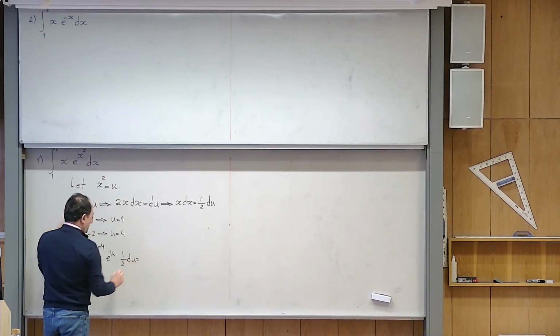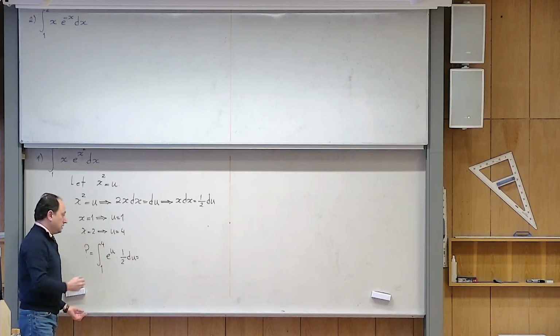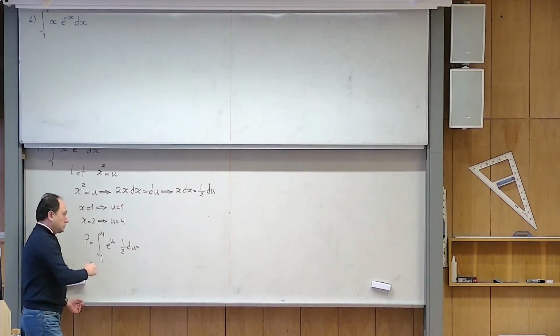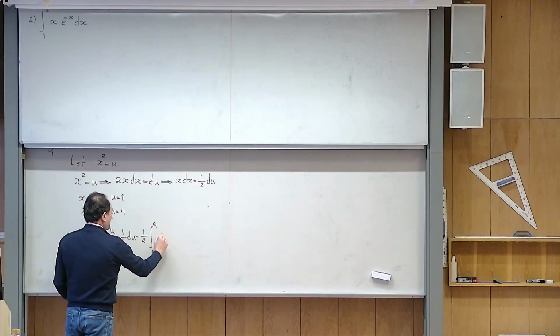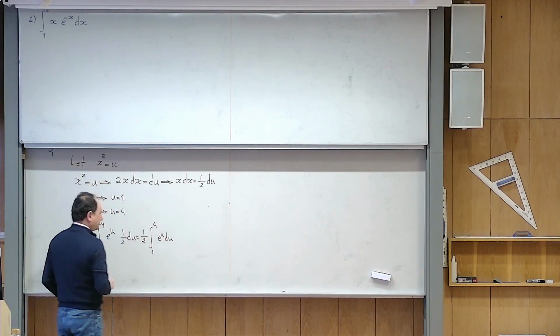Okay, but of course you know that this is a multiplicative constant for my integrand, so I can pull it out. So this becomes 1/2 the integral from 1 to 4 of e to the power u du.